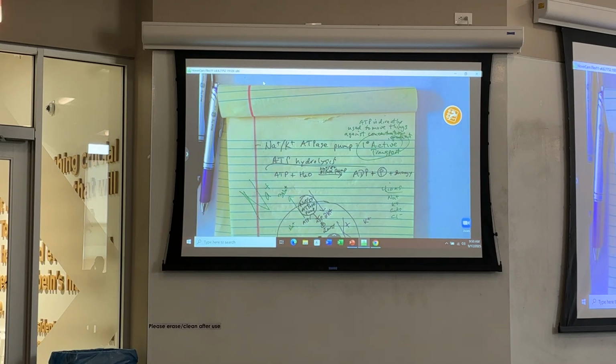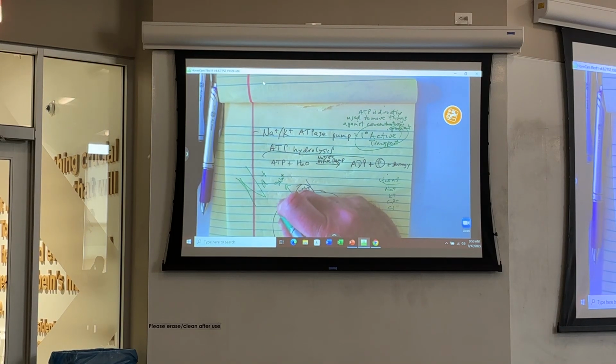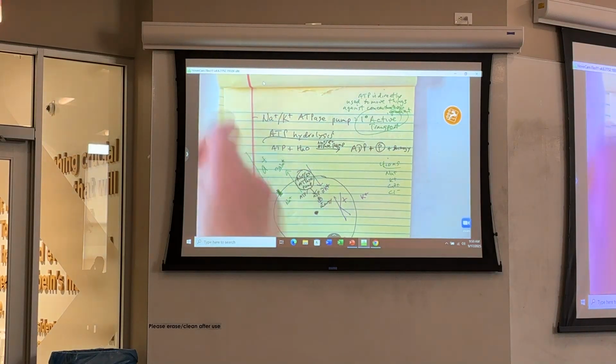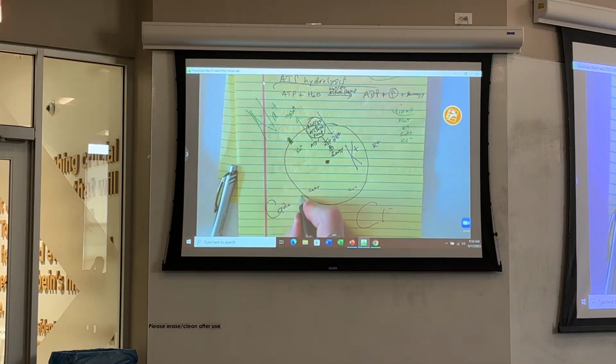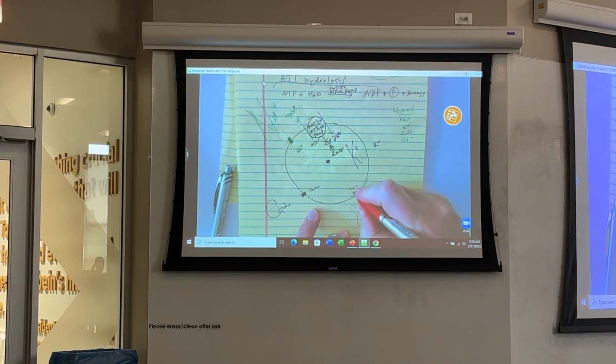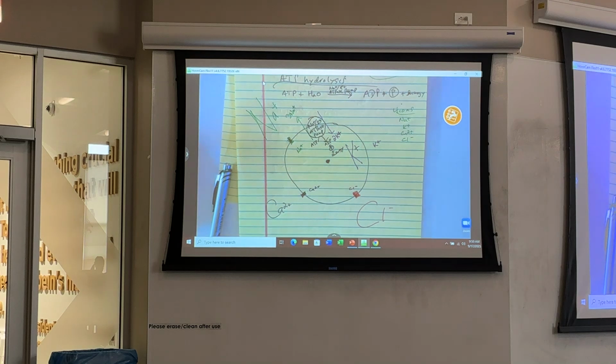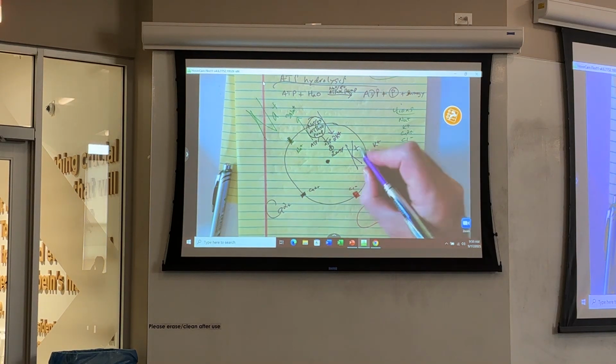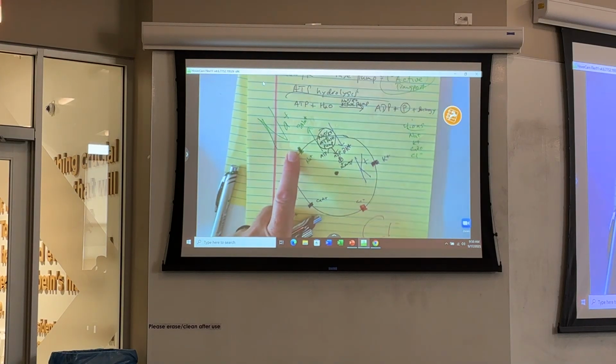Okay, then let's draw in some ion channels. So I'm going to draw an ion channel in for each one of these ions, a transmembrane protein. Okay, this sodium channel opens.